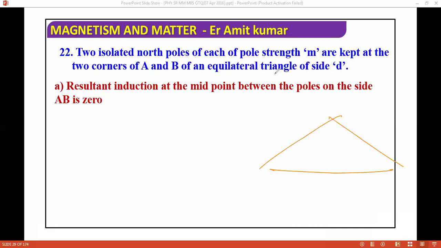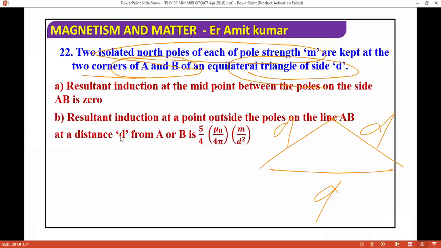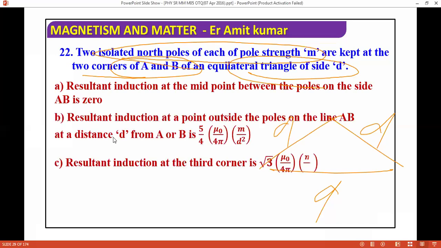The resultant induction at the midpoint between the poles on side AB is 0, the resultant induction at a point outside the poles on the line AB at a distance d from A or B is 5 by 4, and the resultant at the third corner is 0.